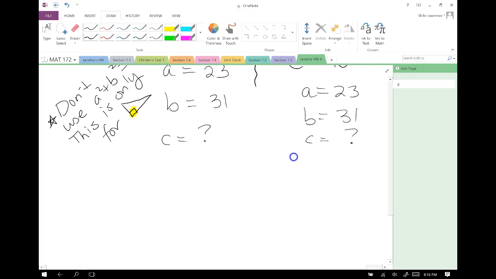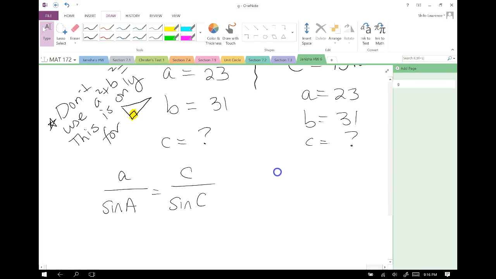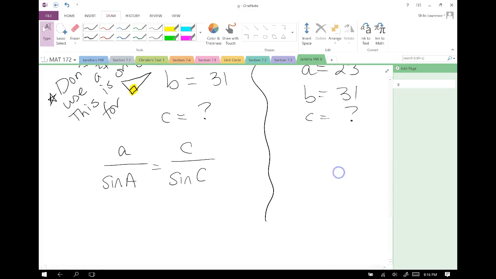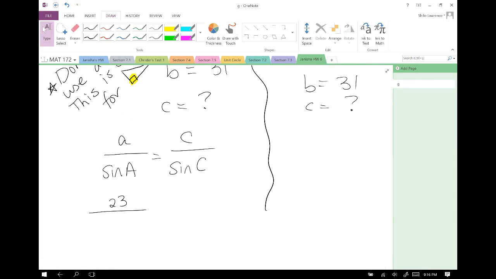I'm going to say a over sine of A equals c over sine of C. We're going to have to do it twice though because we've now figured out two triangles that this could possibly work for. So for my first option, a is 23 and angle A was 35.2.